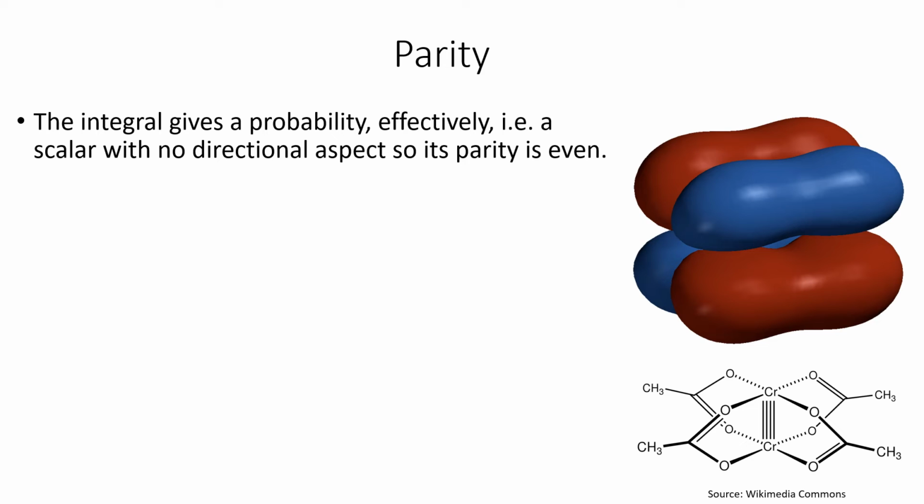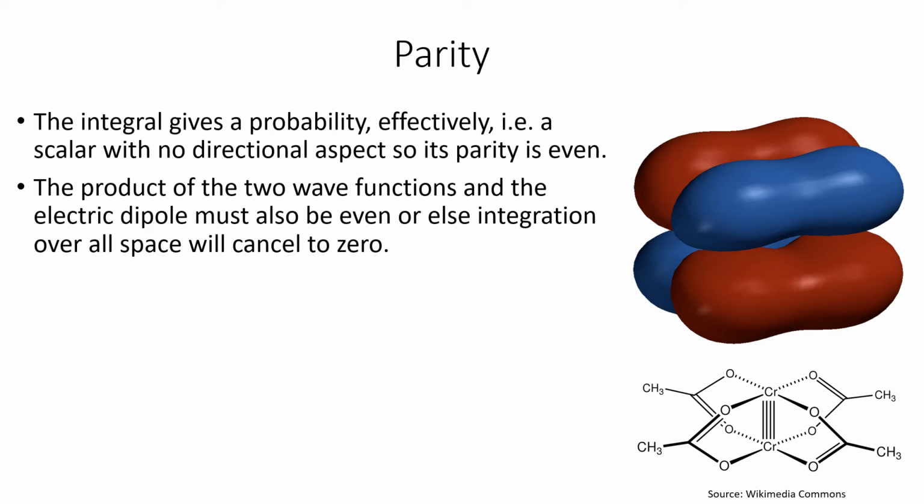So that integral, which I mentioned earlier, ultimately, if you solve the integral, it effectively gives you a probability of the transition happening. The probability is just a number, a pure number, because it's not a vector or anything, it's a scalar. There's nothing directional about it. And not being directional, it would by default have even parity. So we can get into our parity again.